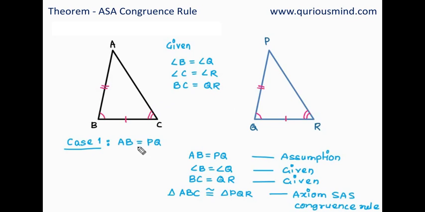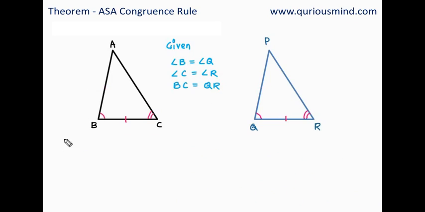Now let's talk about case 2 where AB is smaller than PQ. Now if AB is smaller than PQ, then somewhere on PQ there will be a point P dash such that P dash Q is going to be equal to AB.